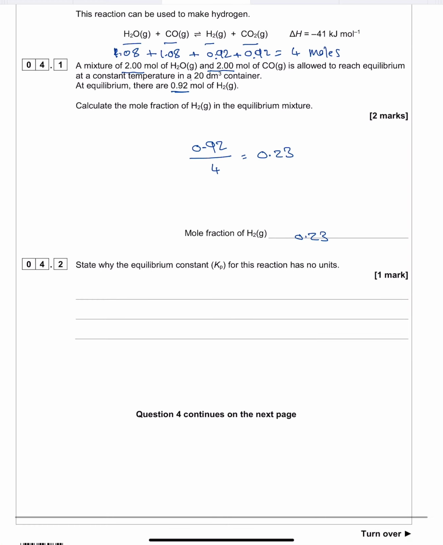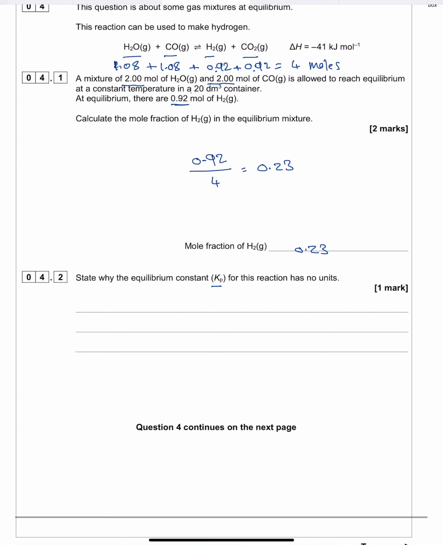The next question states why the equilibrium constant Kp for this reaction has no units. We can see that the number of moles of the products equals the number of moles of reactants, which means that the units will cancel out.